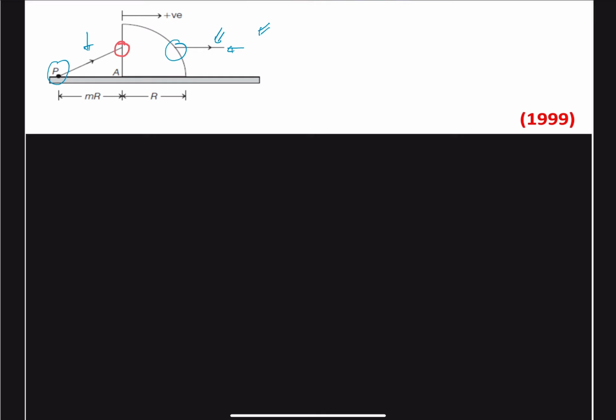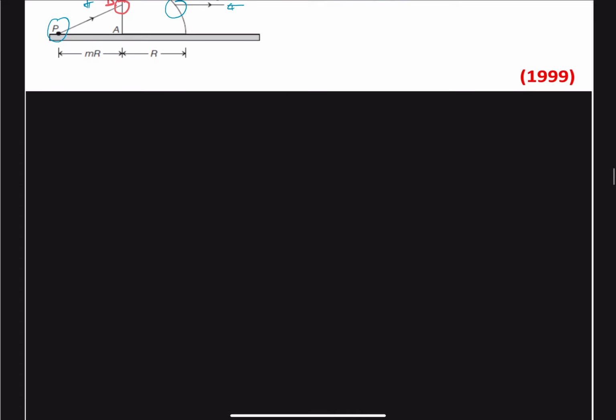Let us suppose this point is called B. So we can say refraction at point B on plane surface.